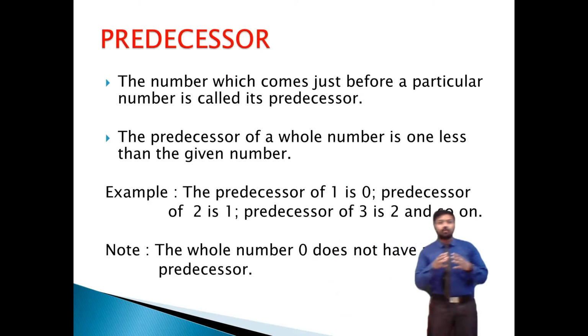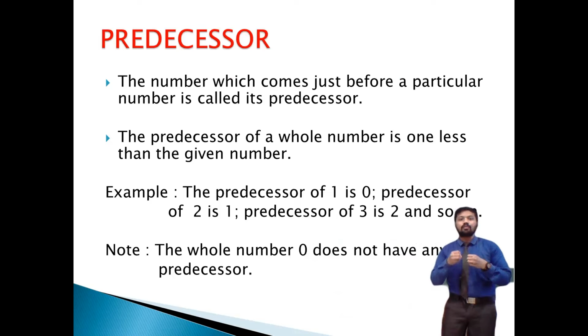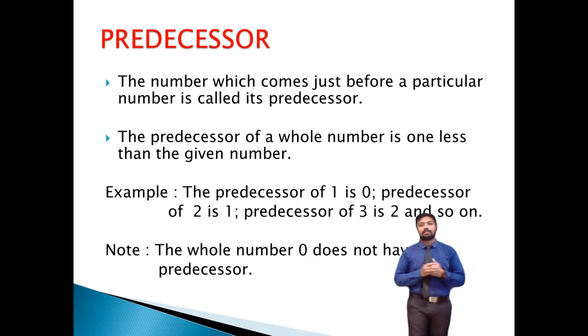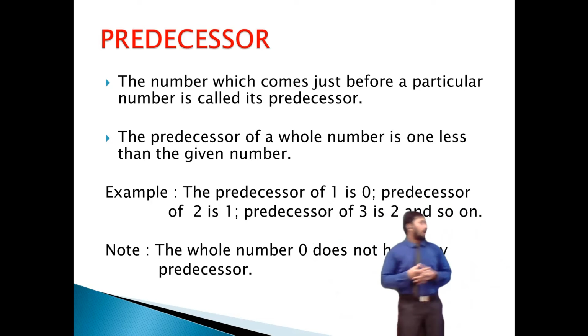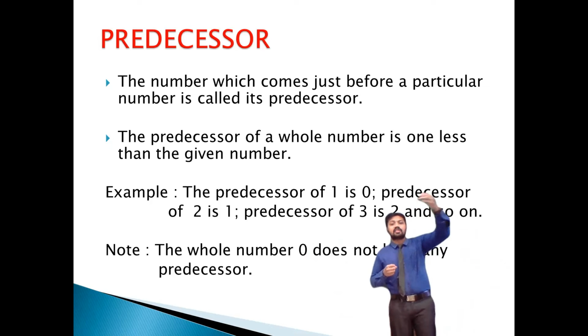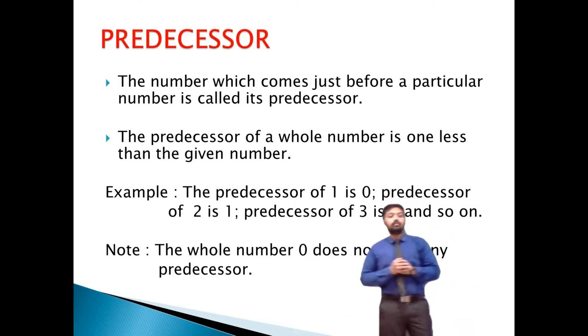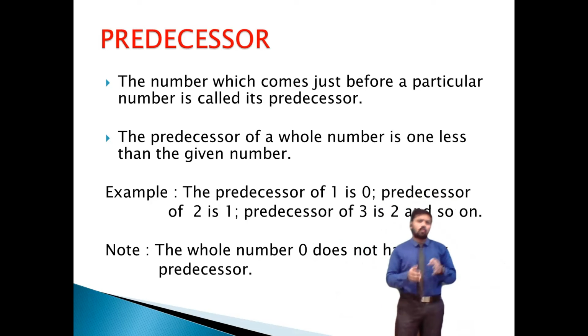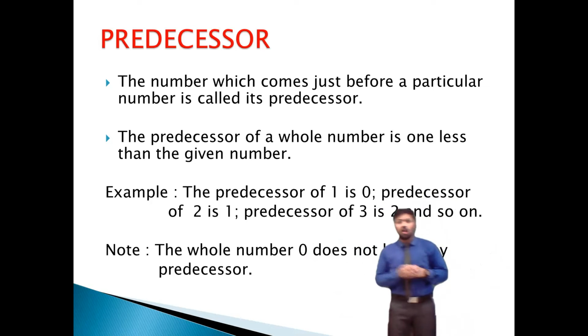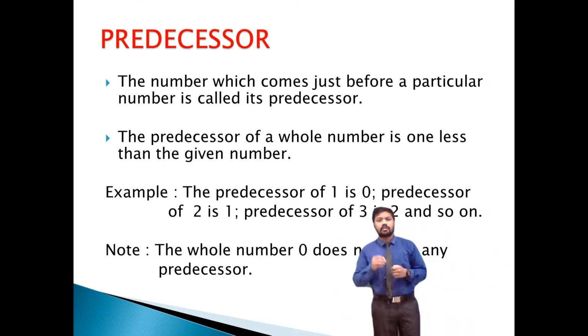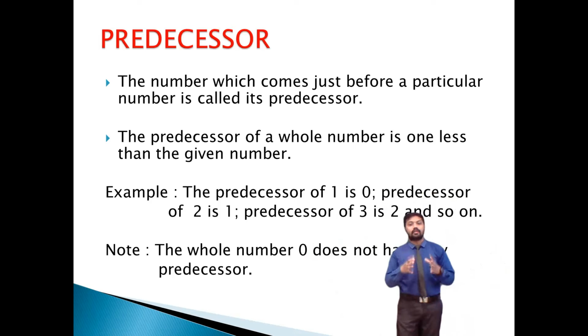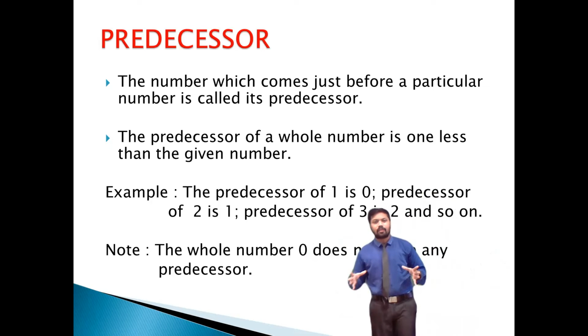The number which comes just before a particular number is called the predecessor. For example, I have 125. What is the predecessor of 125? It is nothing but 124. How do we get it? We just subtract 1 from the number, whatever number it is.